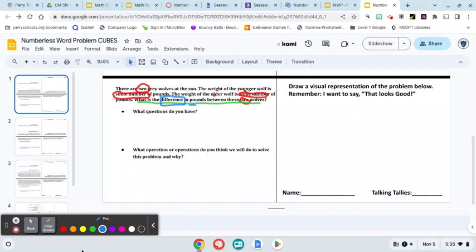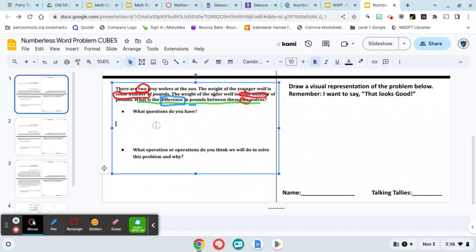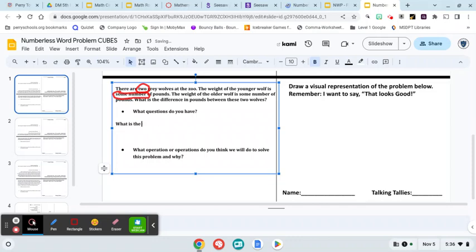That's the actual solving part, but I do have some questions to answer here. Let's answer those questions really quickly. What questions do you have? Well, one question is, what is the weight of the younger and older wolf? I don't know the answer to that, and I need it. Do I have any other questions?